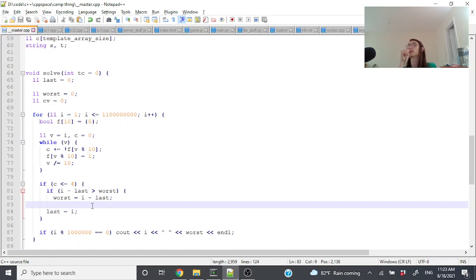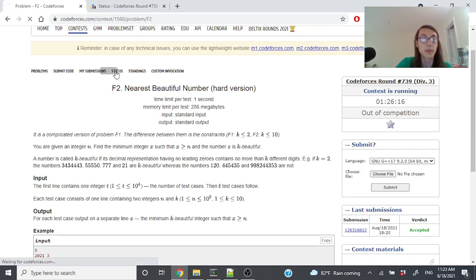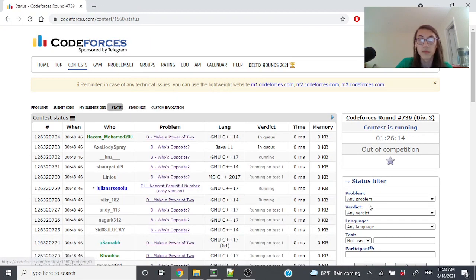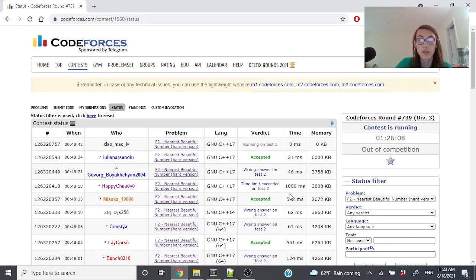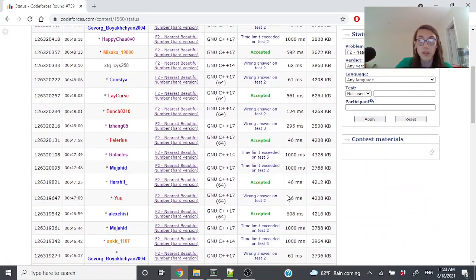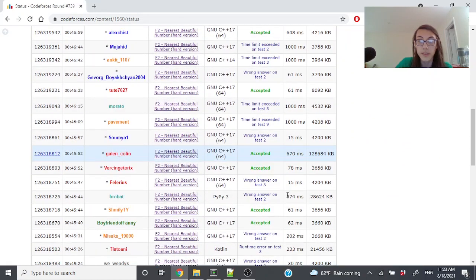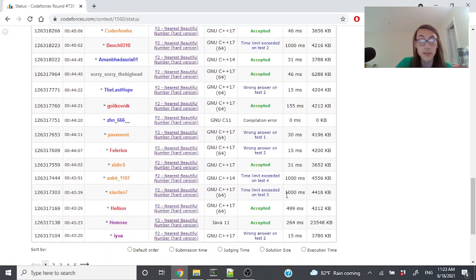I guess digit DP is just a way to do it. I don't really know. It's also kind of suspiciously close to the time limit. How are people doing on this? People are getting accepted with very high runtimes.